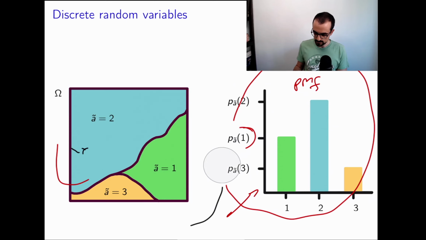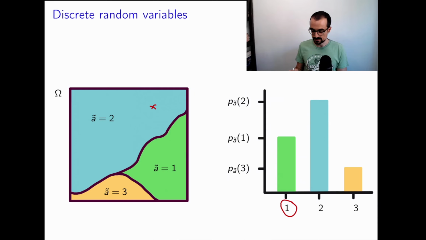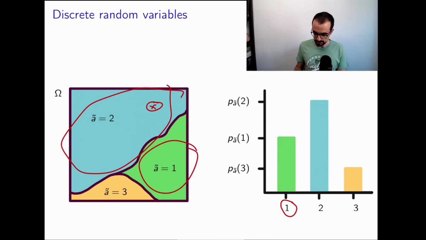For discrete random variables, we saw that each of these points only maps to one of the discrete values, and all of these sets are disjoint because a point cannot map to two values at the same time. These events that map to each of the possible values are a partition.